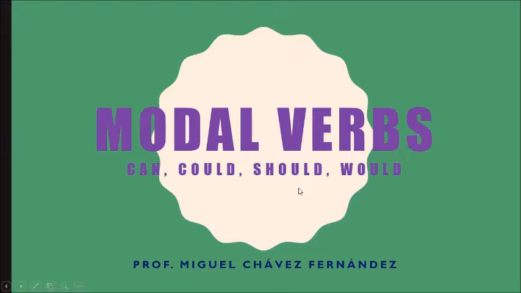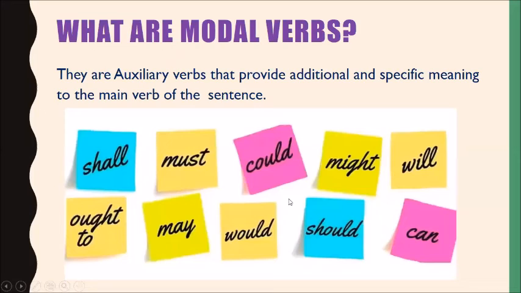We are going to check again what is the use of these modal verbs and in which situations they are used. The first thing that we need to review is what the modal verbs are. They are auxiliary verbs that provide additional and specific meaning to the main verb of the sentence.